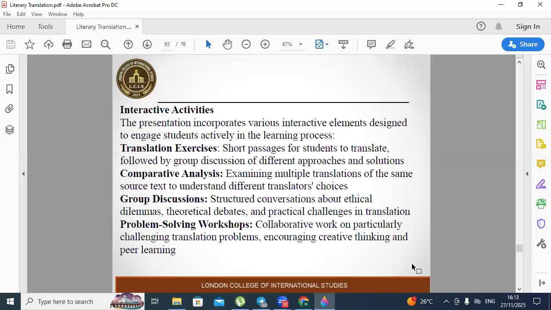Comparative analysis: examining multiple translations of the same source text to understand different translators' choices. Group discussions: structured conversations about ethical dilemmas, theoretical debates, and practical challenges in translation. Problem-solving workshops: collaborative work on particularly challenging translation problems, encouraging creative thinking and peer learning.